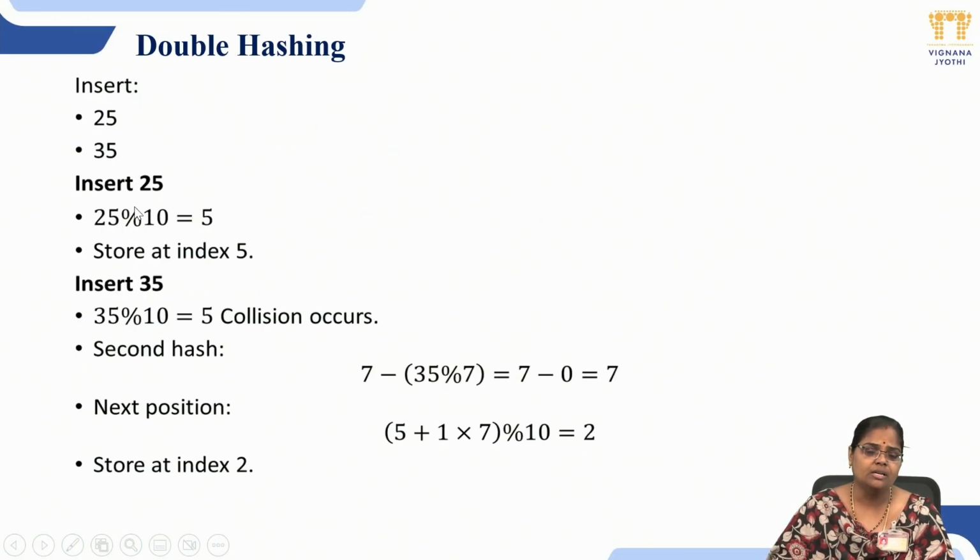So as per the example, when we try to insert 25, we get an index of 5, so we store 25 at index 5. But when we try to index key 35, we get an index value of 5, which is already occupied, so a collision occurs. Now as per the second hash function, we obtain the second hash function index as 7. So the next position for key 35 to be stored in the hash table would be 7.